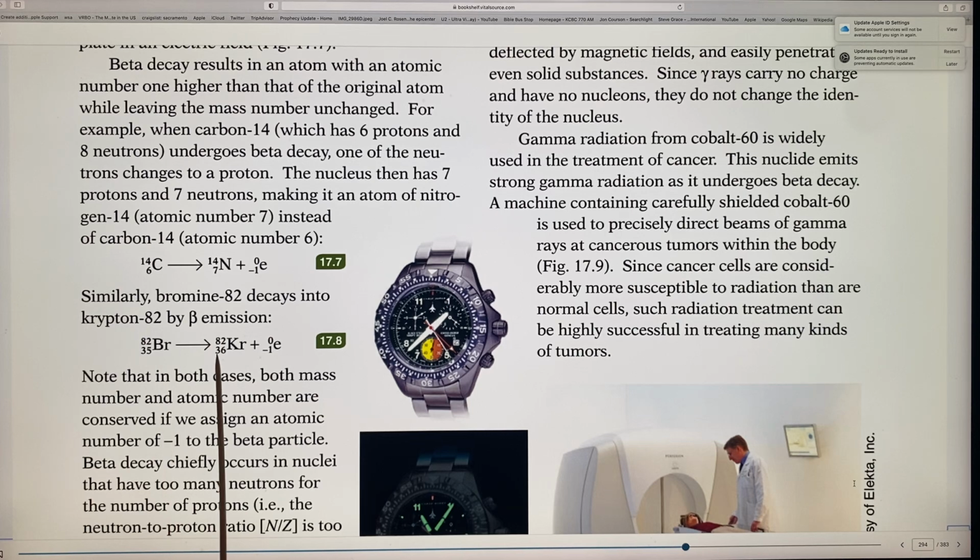And then again, it's going to shoot off an extra electron so that it can become neutral. So that's the beta emission. I hope you got that. Beta decay. So let's go on.